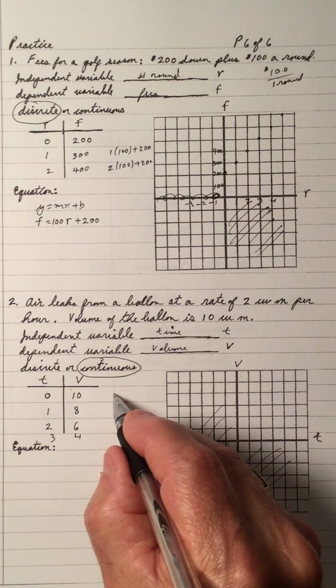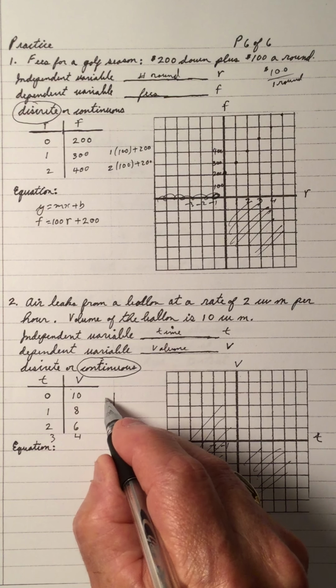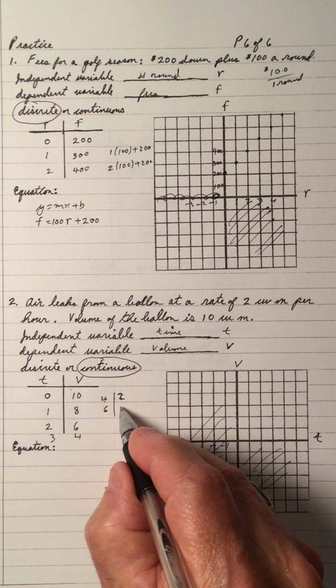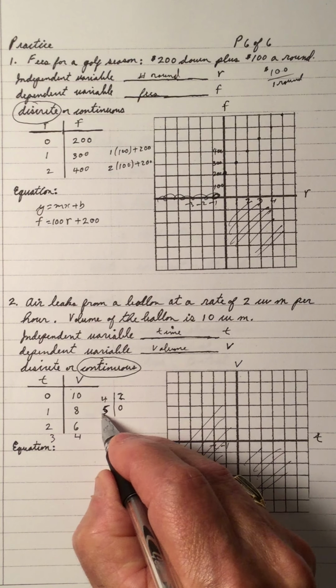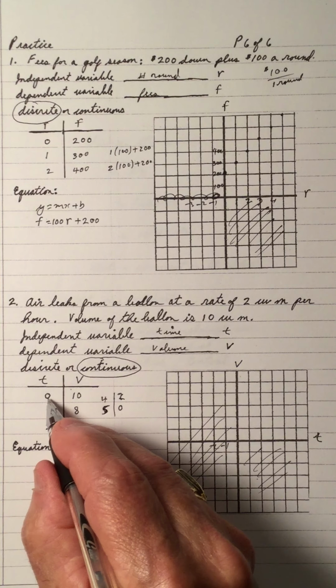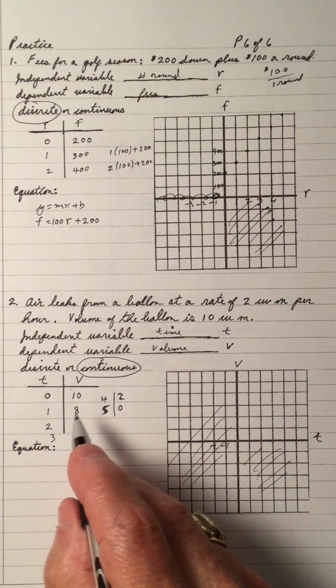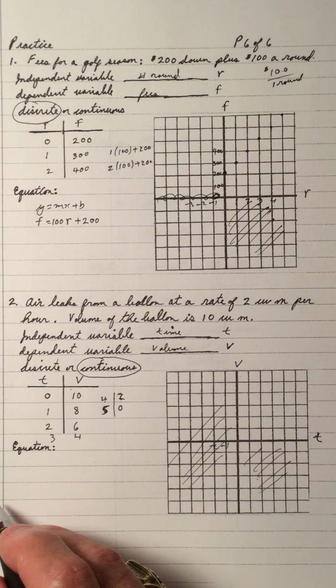If I continue, 4 hours gives you a 2, and 5 hours, you get 0. I have to keep it straight: 0, 1, 2, 3, 4, 5. So after 5 hours, you would have no air left in the balloon.